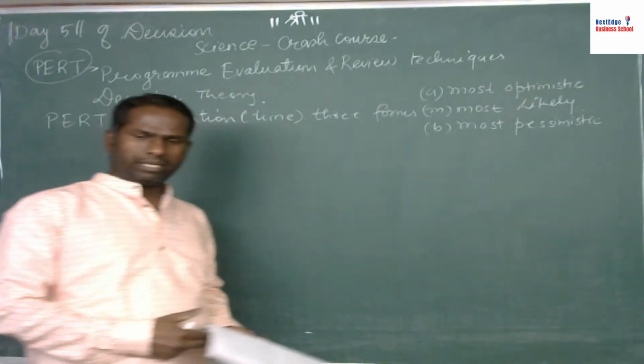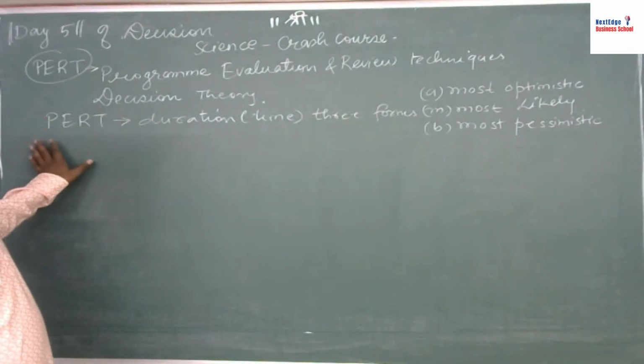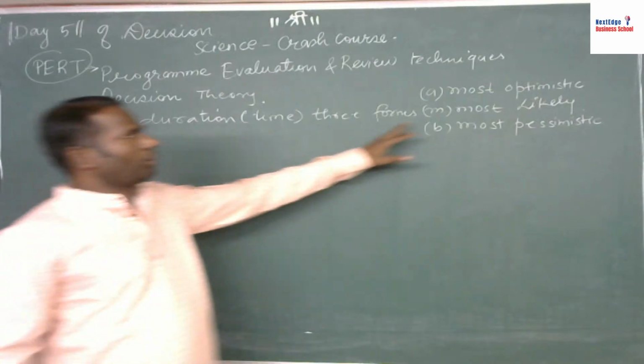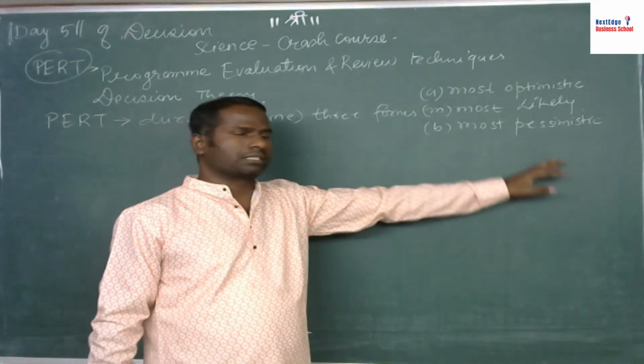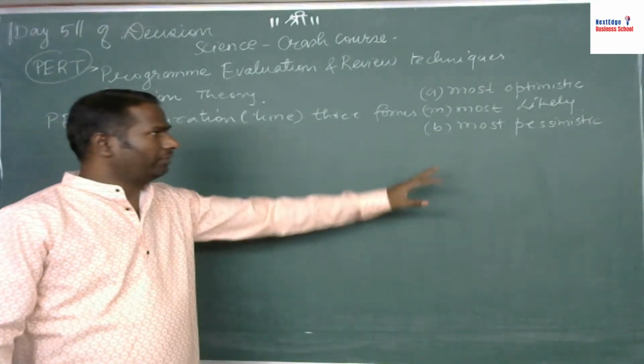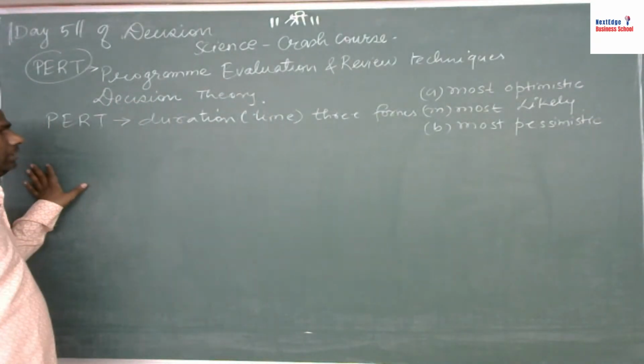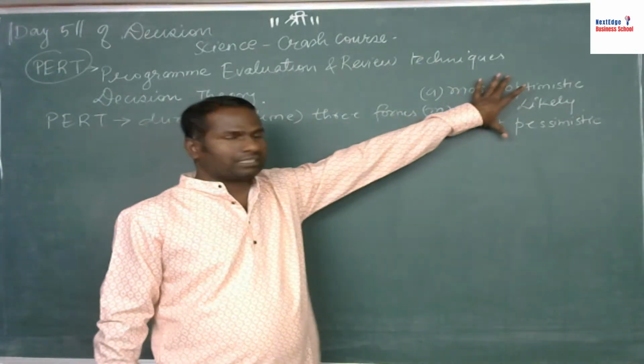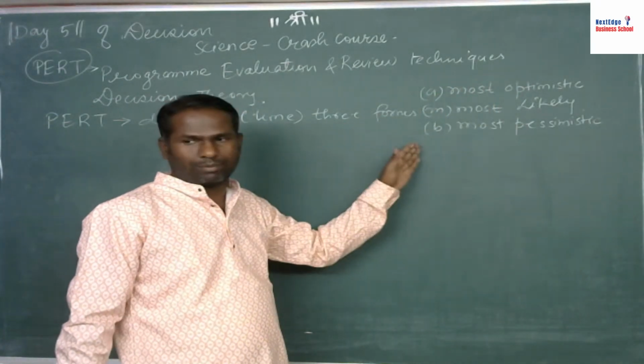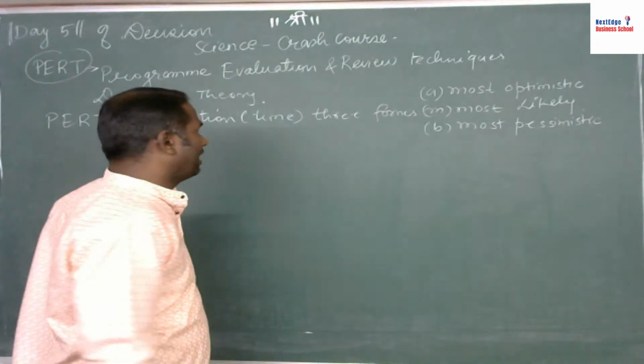So in the given problem, if the time duration is given like most optimistic, most likely, and most pessimistic, try to understand the problem is of PERT technique, right? So we have to convert these three different times into the expected time.